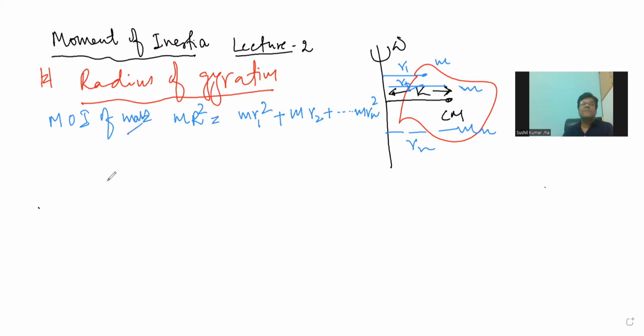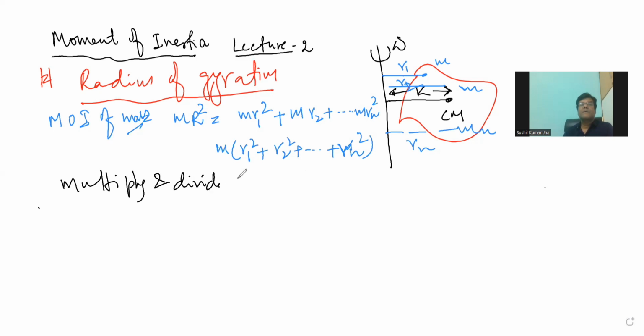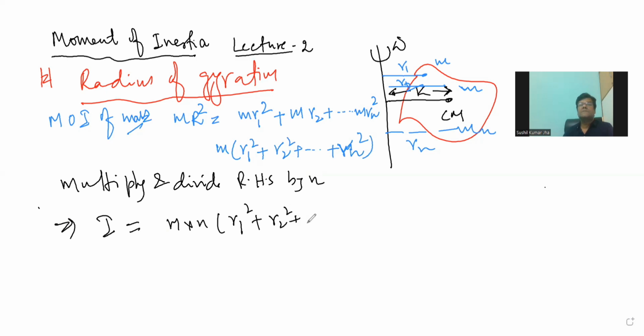Now we are taking moment of inertia of the entire mass, which means m is common. So r1 square plus r2 square plus rn square. Now what we do, let's multiply and divide the RHS by n. Then what we get? Moment of inertia I will be m into n, and r1 square, r2 square plus rn square, divided by n.